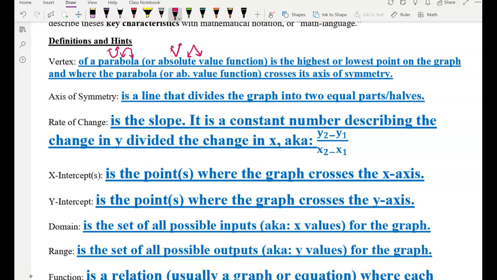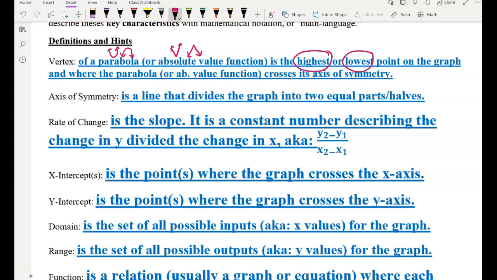Now the vertex is either the highest or the lowest point on the graph, and where the parabola or the absolute value function crosses its axis of symmetry, okay?